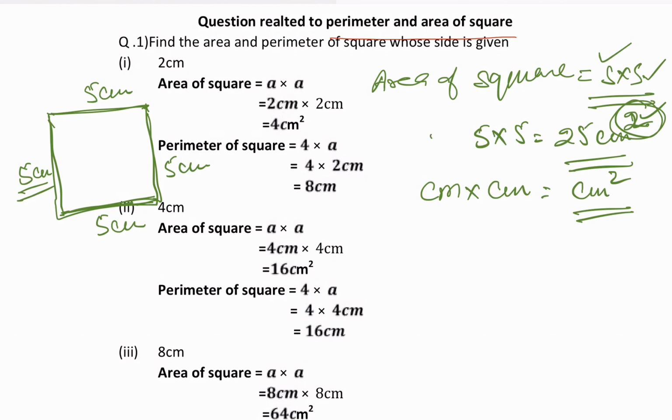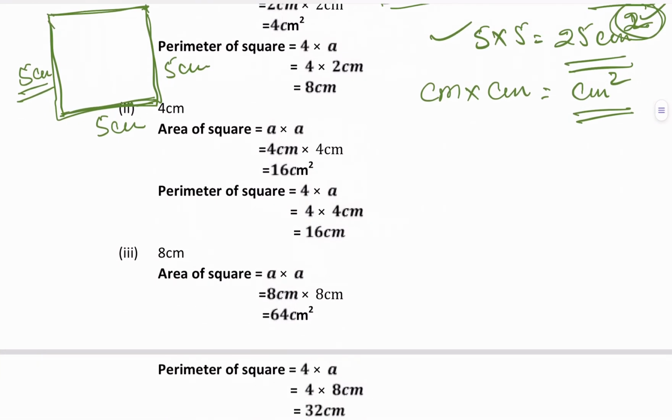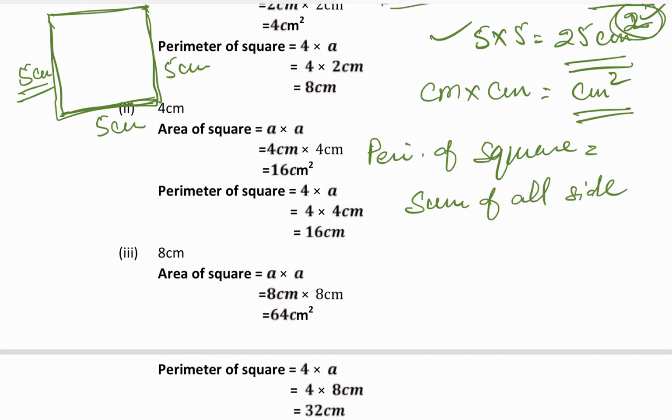This is the formula to find the area of a square. And perimeter of a square equals the sum of all sides, equals 5 plus 5 plus 5 plus 5 equals 20 centimeter.